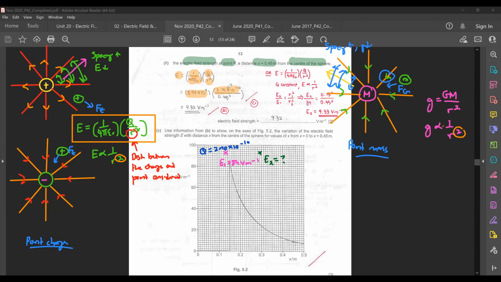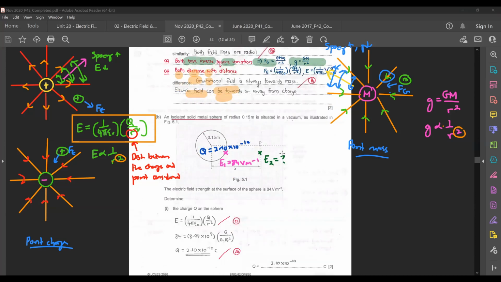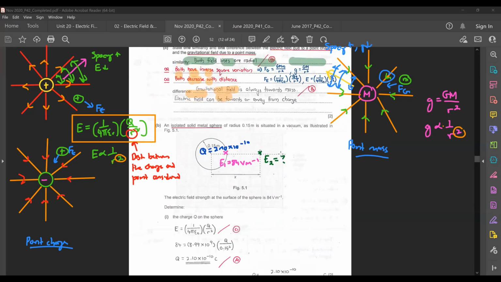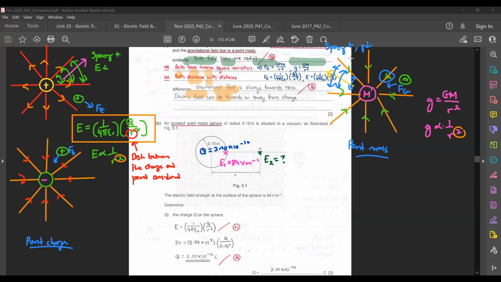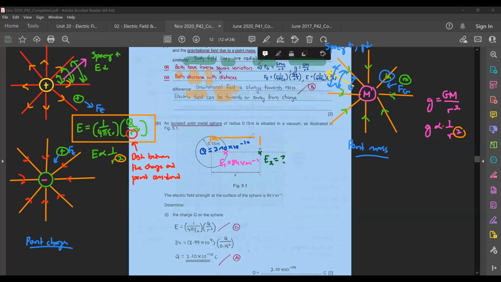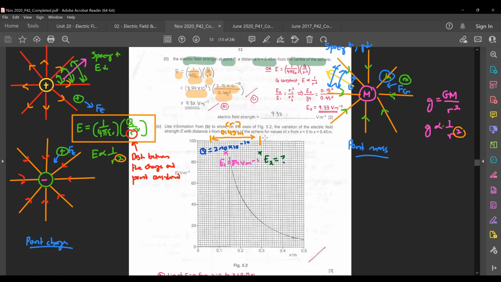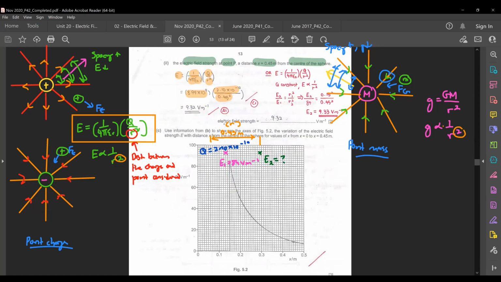Your separation squared is now 0.45 squared, because they mentioned that P is 0.45 meter away from your charge. This is your new R, the distance between your charge and the point considered. If you substitute that in, you will eventually get your answer as 9.32 volts per meter.